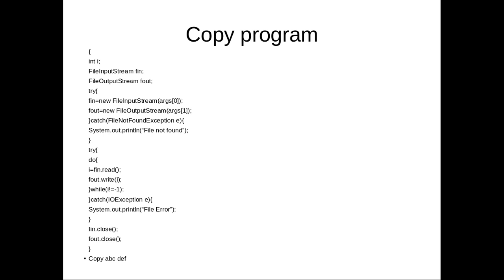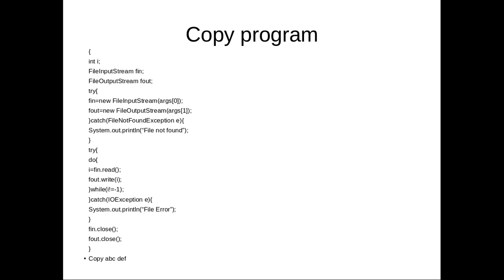Now again, while i is not equal to -1, meaning until the end of the file is reached. When i is equal to -1, that is the end of the file. That means you read one byte, you write it, then again read, again return to that until the end of the file is encountered. That is why do while i not equal to -1.